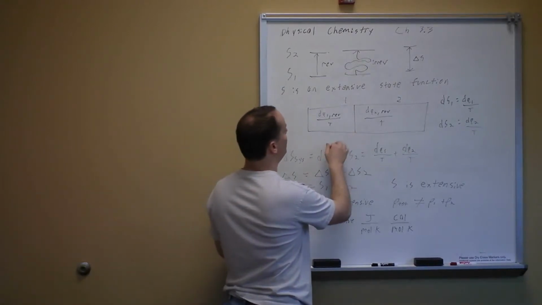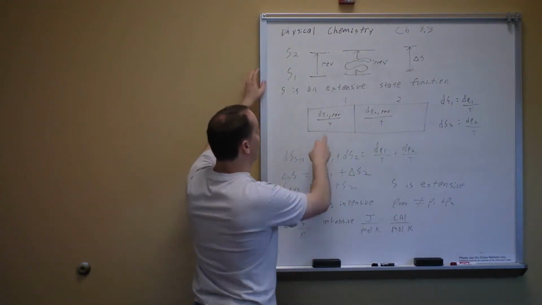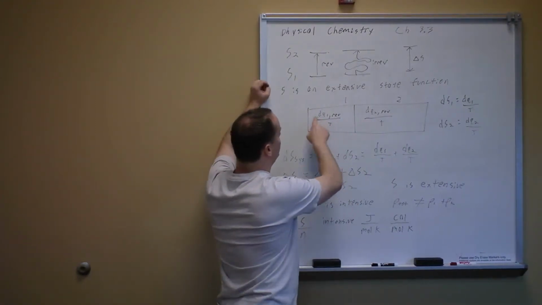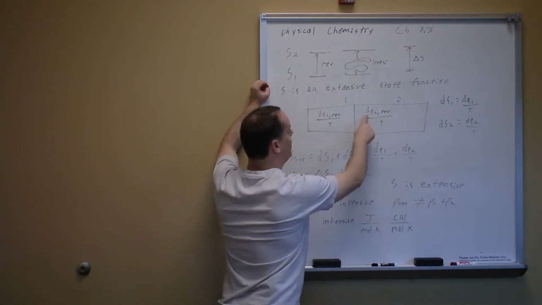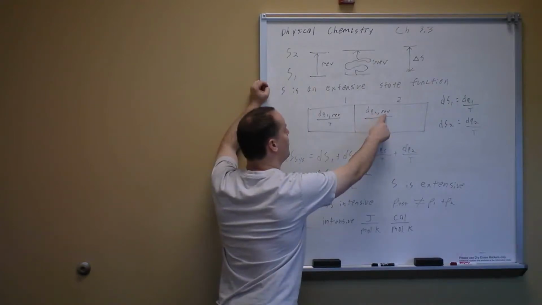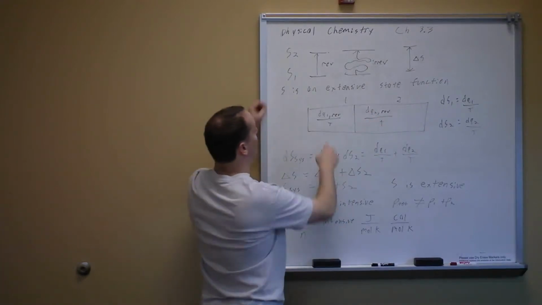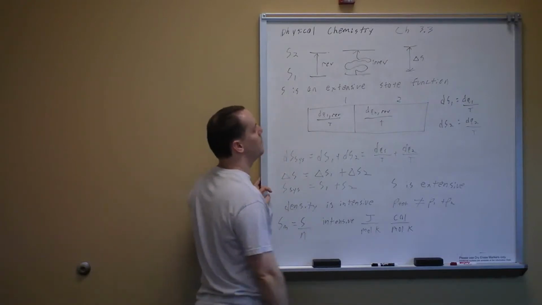For example, let's say we have a system, we divide it into two parts, over here and over here. So we would have the entropy over here would be the dq reversible for 1 divided by temperature, and the entropy over here would be the dq 2 reversible divided by temperature. We're obviously just going to assume they're at the same temperature for now because it's at thermal equilibrium.